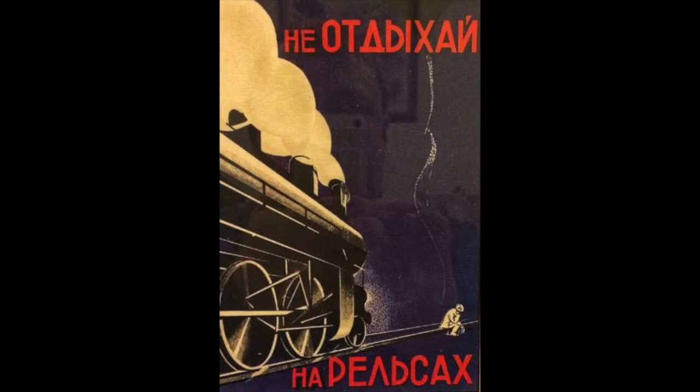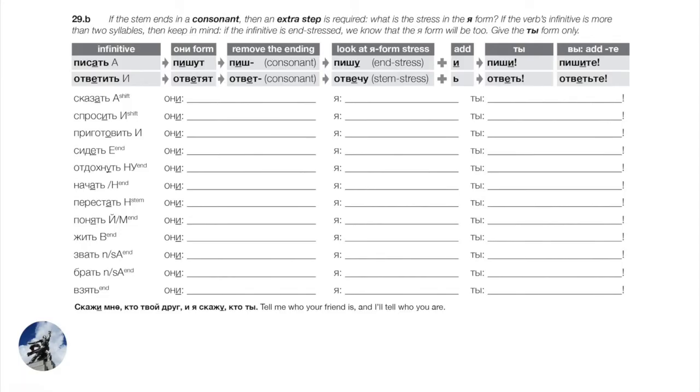Okay, so let's look at some more verbs. We have a variety of different verb types, but these are all going to fall under the tricky category, because if we do the step-by-step method, we're going to have to worry about stress. Keep in mind that we say to look at the я form stress. In rare cases, that may be utterly necessary, but we can usually just look at the infinitive itself.